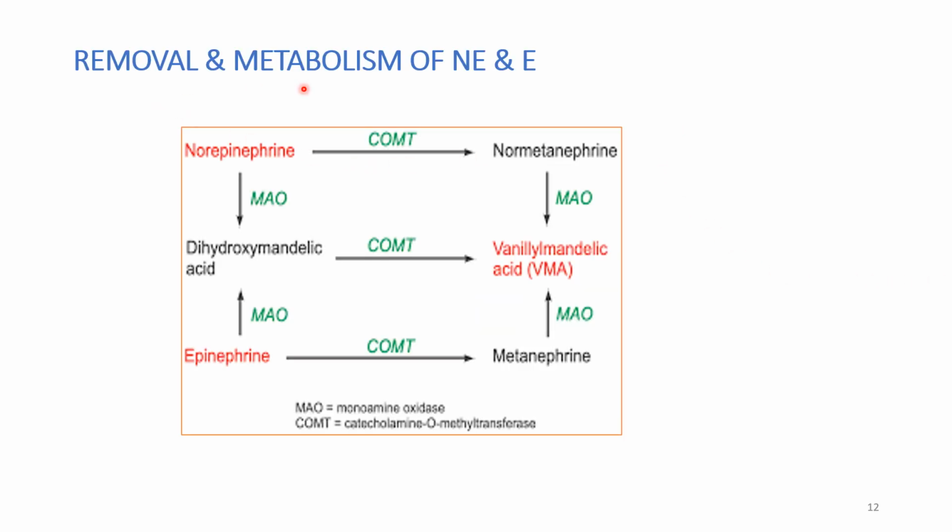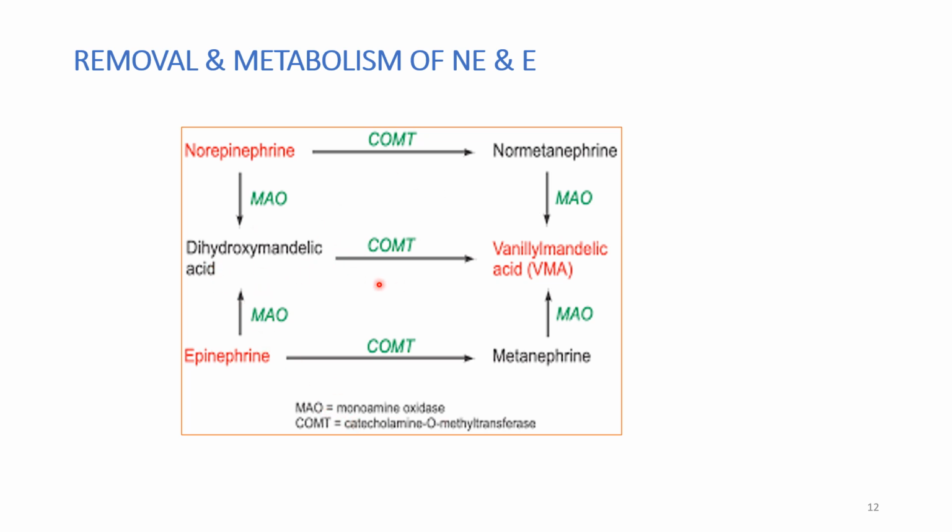Now coming to the removal and metabolism. So how are they removed? Epinephrine, with the help of COMT, that is catechol-O-methyl transferase, will be converted into metanephrine, and norepinephrine also converted into normetanephrine. And they can be converted into dihydromandelic acid with the help of monoamine oxidase.